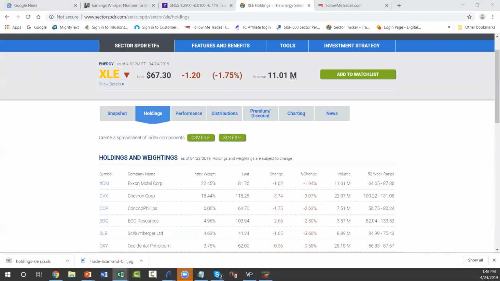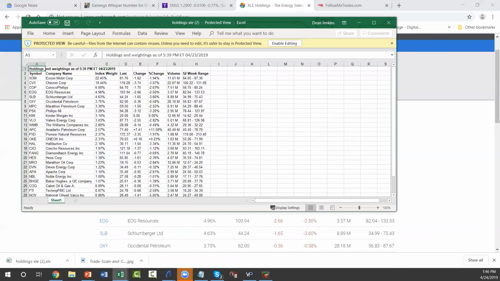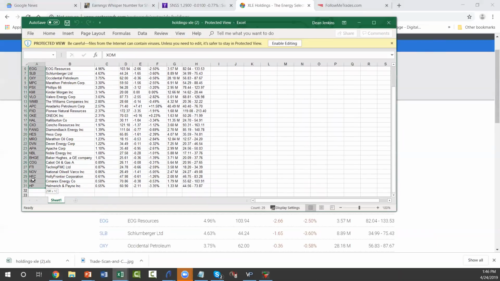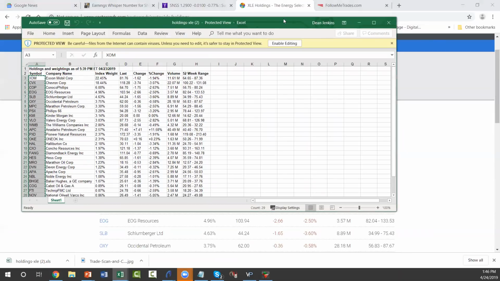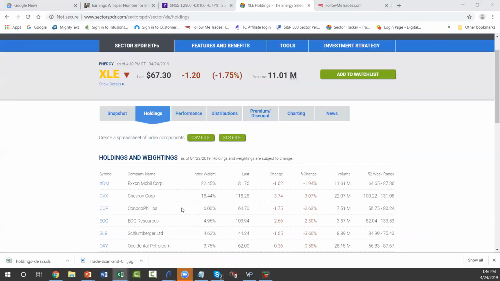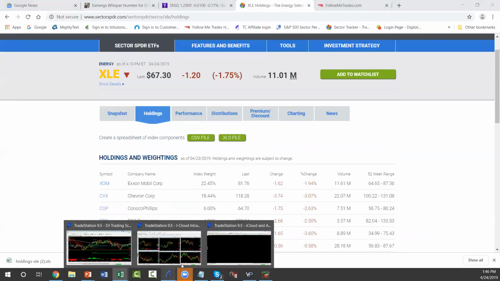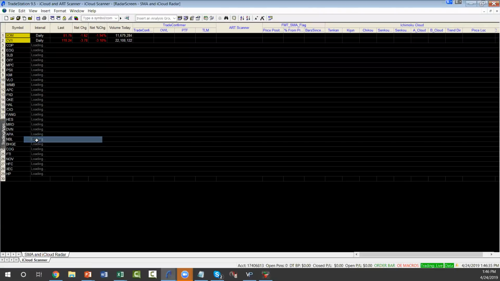Here it comes. And here's a list of all the symbols in XLE. And so I just grab these symbols, copy, and now take it over to my scan.